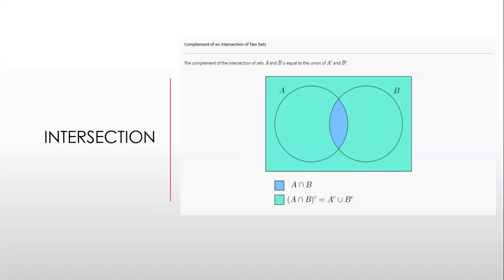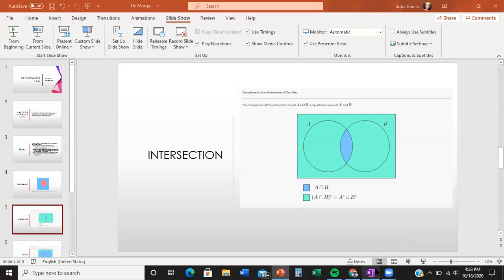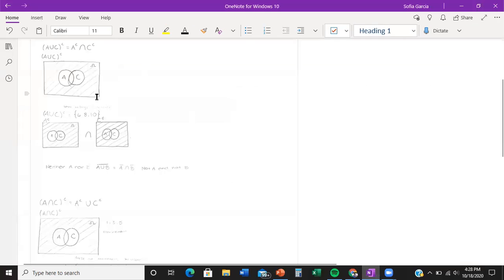To explain De Morgan's law further, let's start with the intersection. De Morgan's law states that neither A nor C equals not A and not C. We're going to prove that statement by inspection using these Venn diagrams.